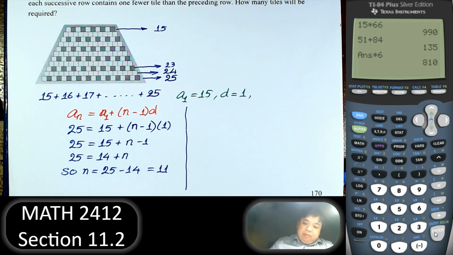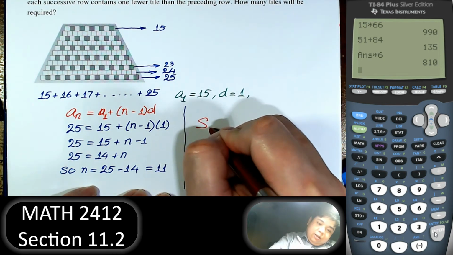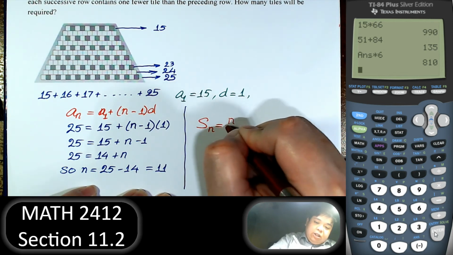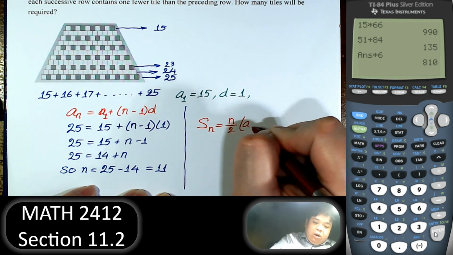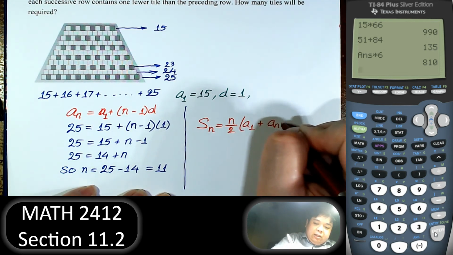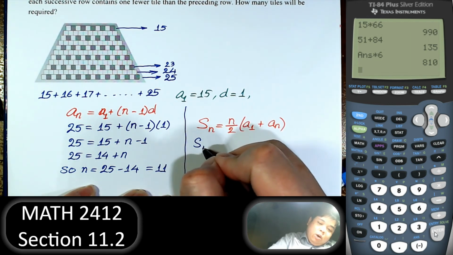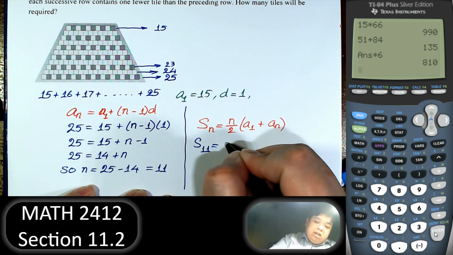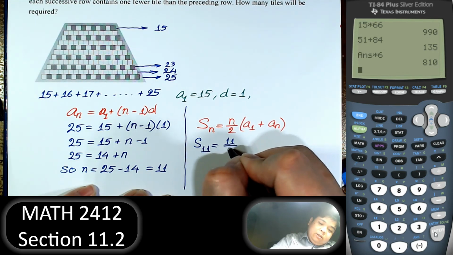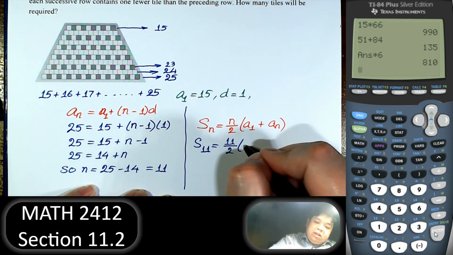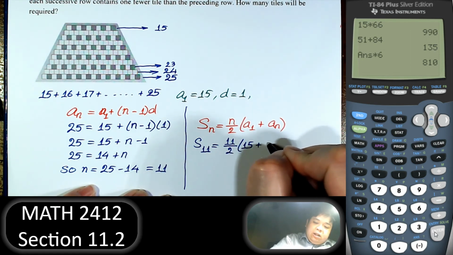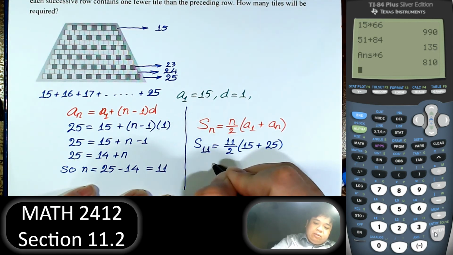And finally, s sub n is n over 2 times a1 plus a sub n. Now we want the sum of the first 11 terms. The first term is 15 and the n-th term is 25.